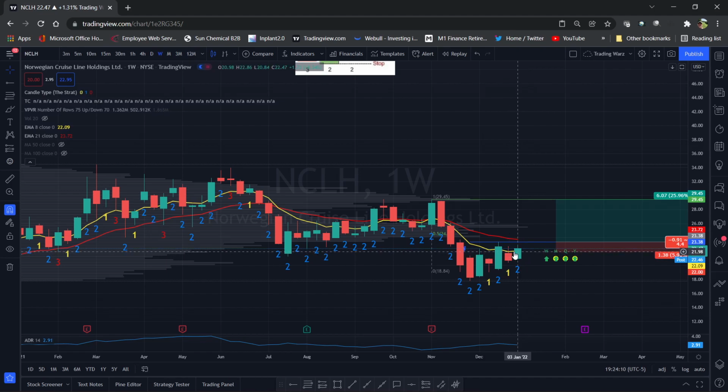You can see that we've already crossed the 21, or at least we closed above the 21, which is good, but still obviously below my target. And that, oh, I'm sorry, that's the 8. The yellow is the 8, my bad. And of course my entry is very close to the 21 EMA. So again, I want to watch for resistance, probably before I enter.